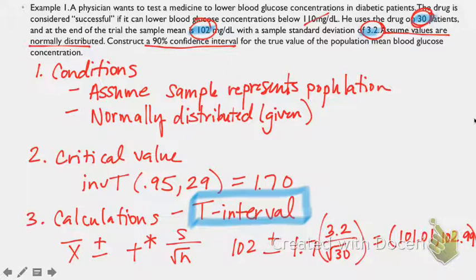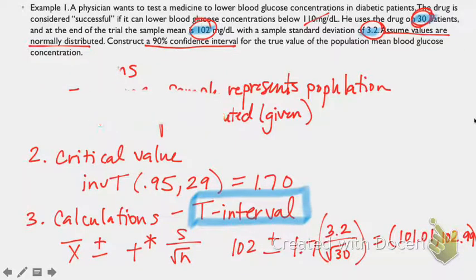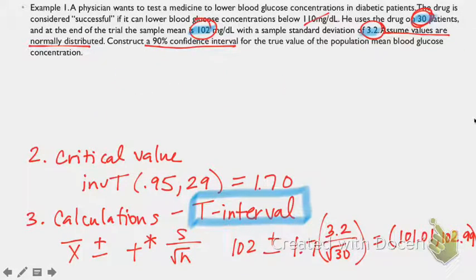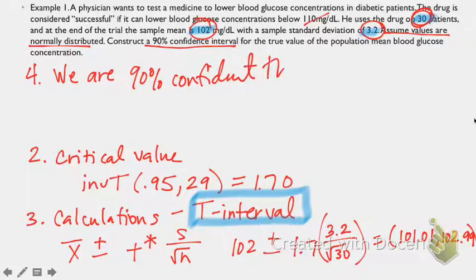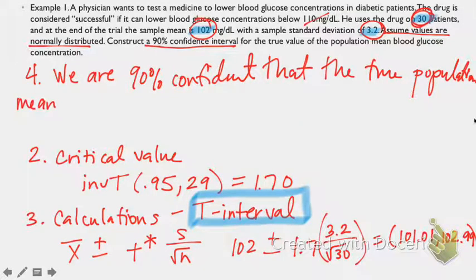Then my conclusion. Conclusion is we are 90% confident that the true population mean, what are we measuring?